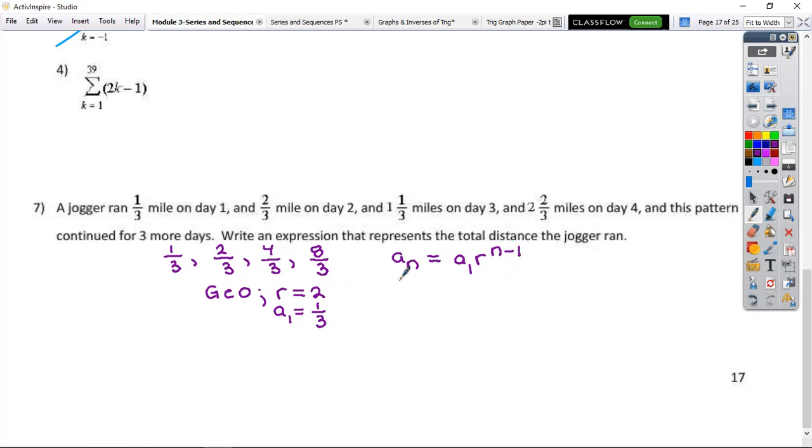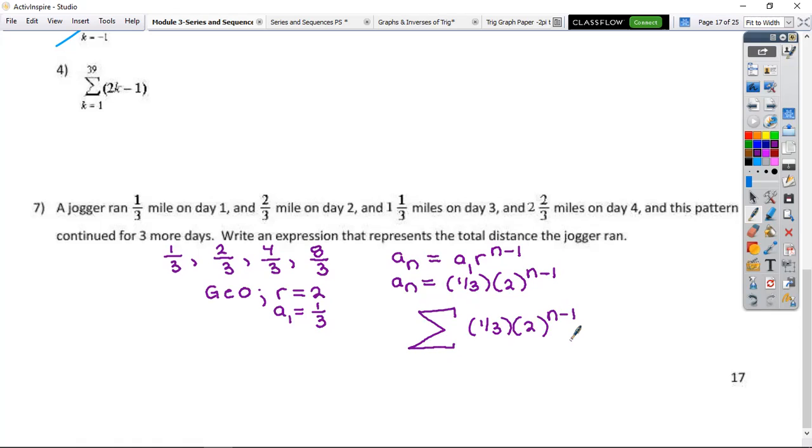And you're going to fill this in. First term is 1/3. Ratio is 2, n minus 1. So that is what gets placed in your sigma. So I go 1/3 times 2 to the n minus 1.